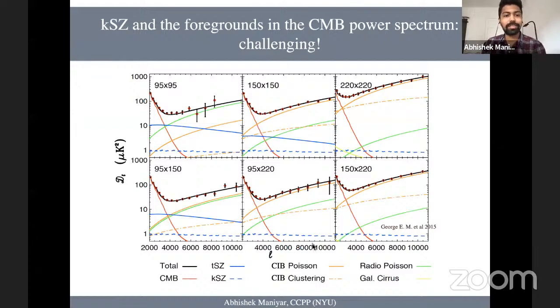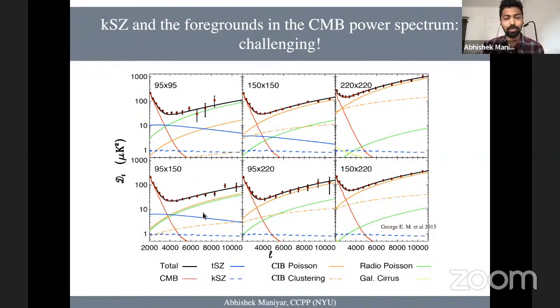This is the signal we are trying to measure, namely the dotted dashed blue line in every panel. That is the KSZ power spectrum. And the red is the original CMB.